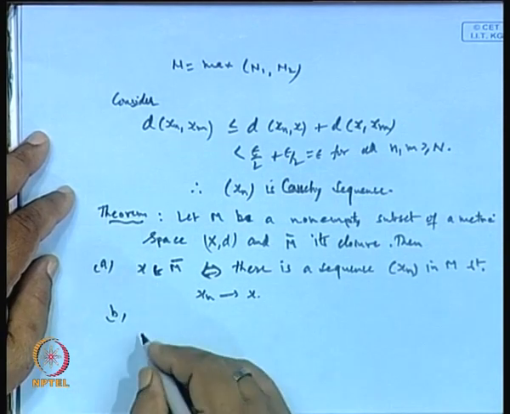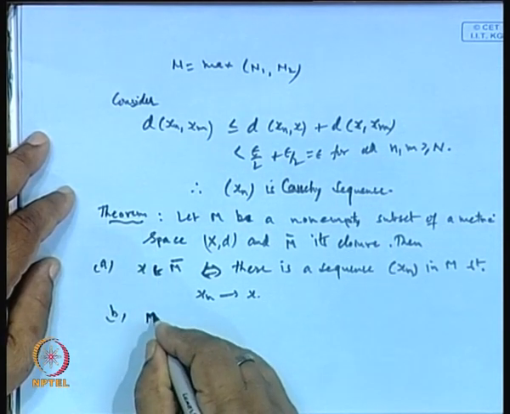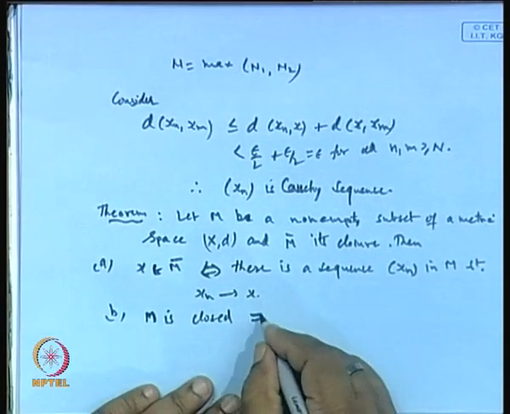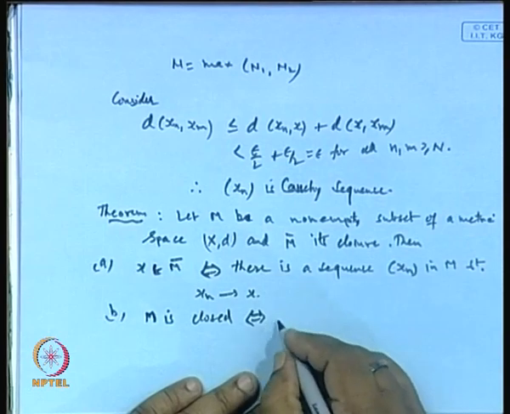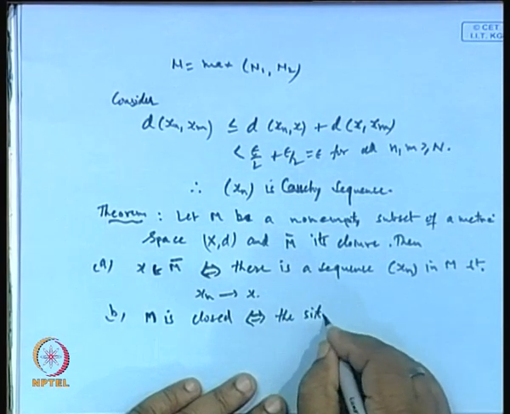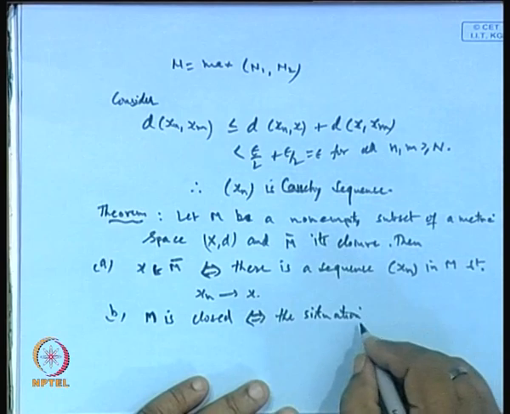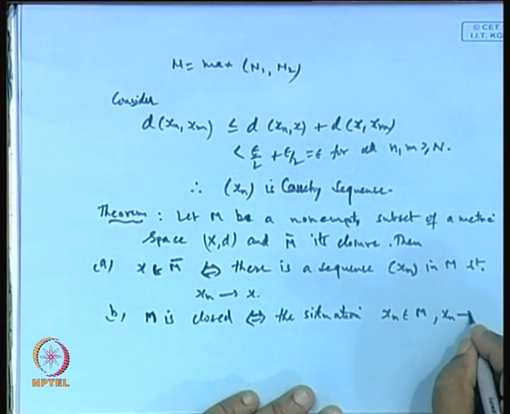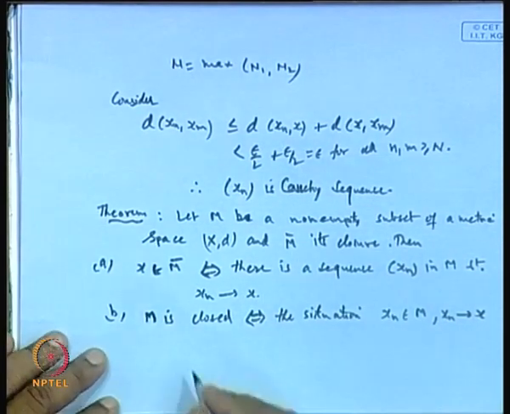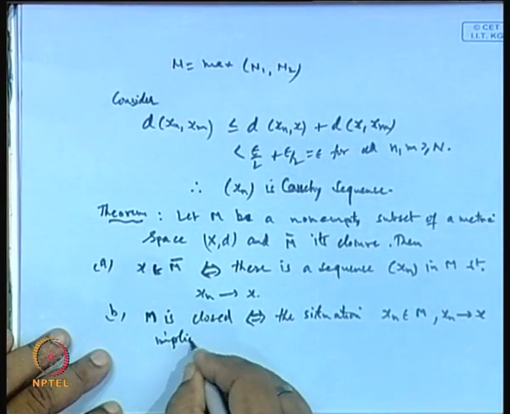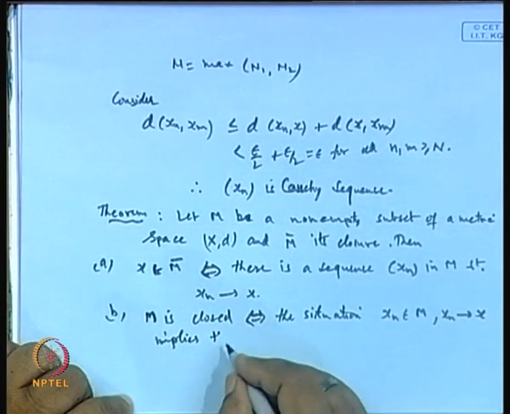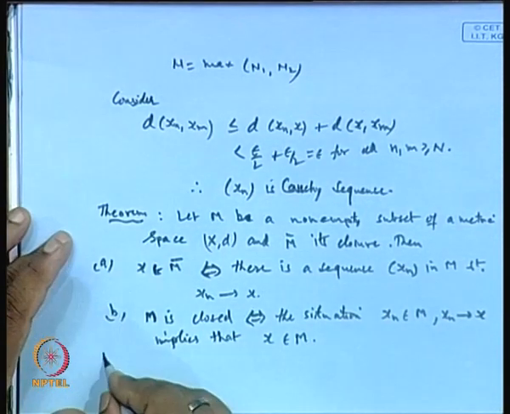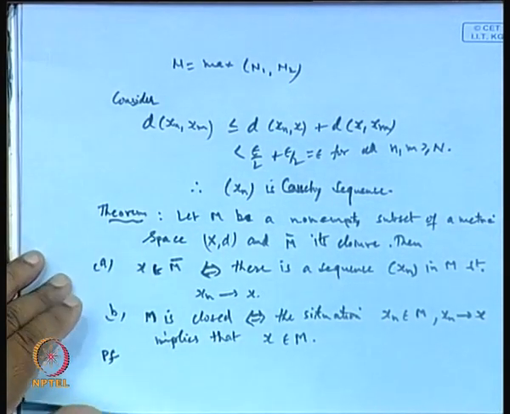Part B: M is closed if and only if the situation x_n belongs to capital M, x_n converges to x implies that x is a point of M. The proof is like that.